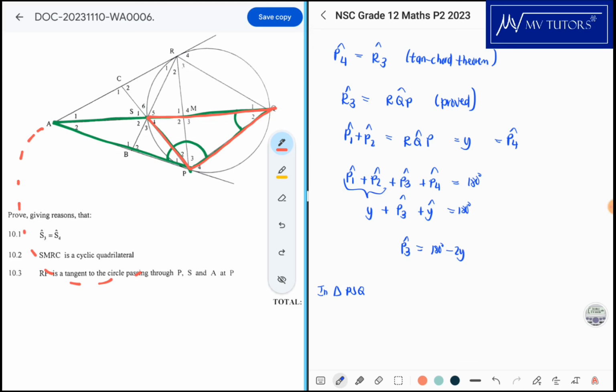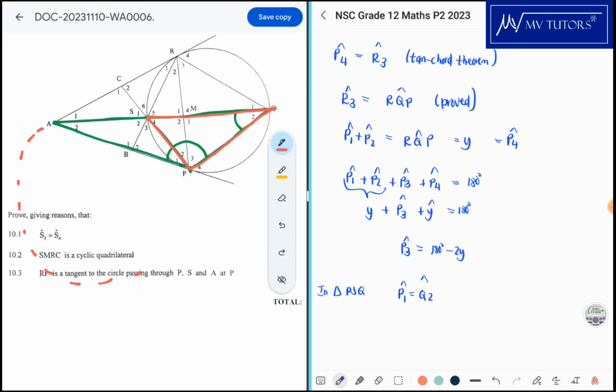All right, so I know using the tan chord theorem that P1 is actually equal to Q2. That's the tan chord theorem.